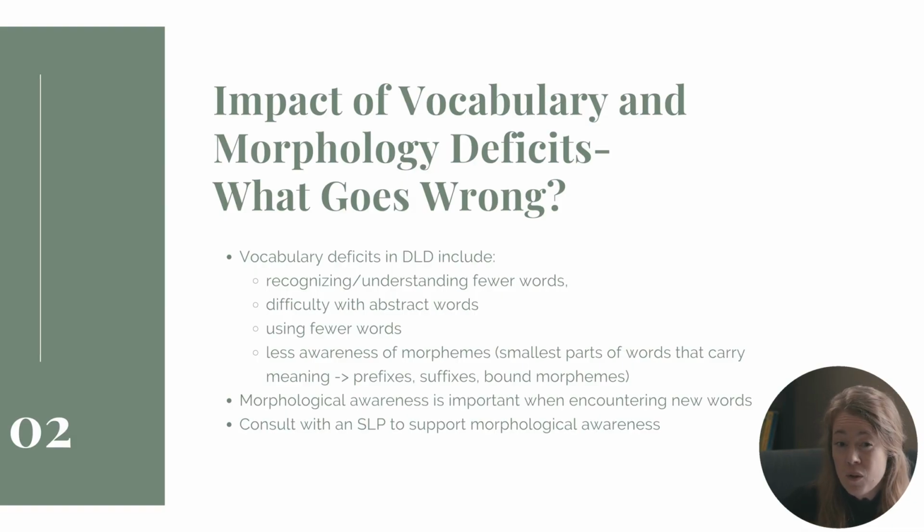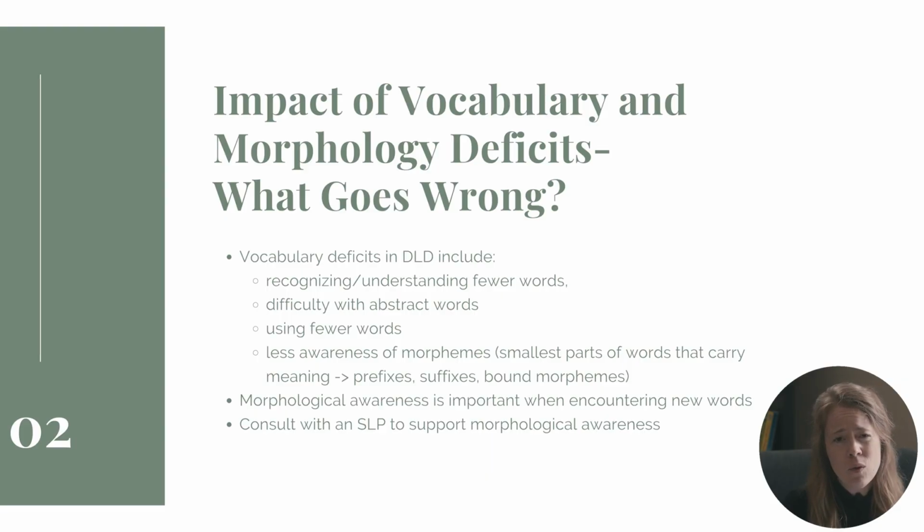We can also add re, that little prefix, to other words to get new words like rebuild, renewable, rewrite, and so on. When children are not familiar with the meaning prefixes and suffixes carry, this can impact their ability to make an educated guess on what a new word they encounter might mean.